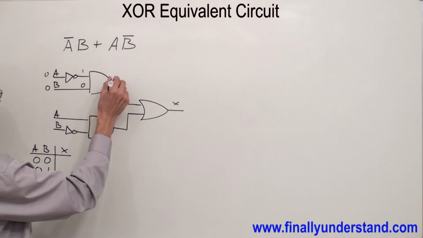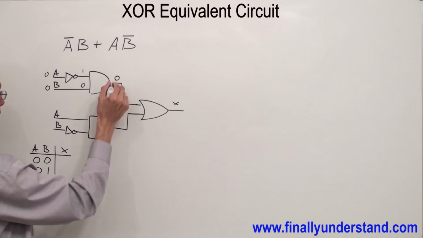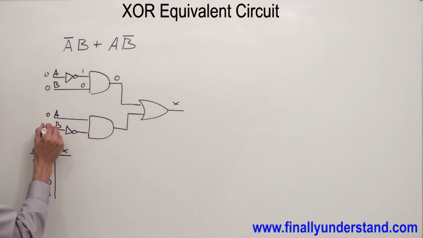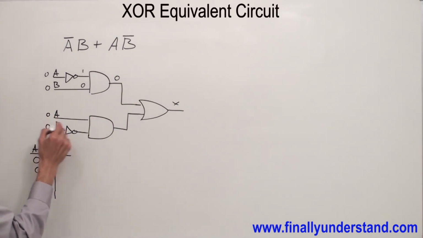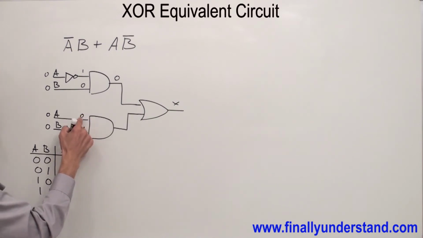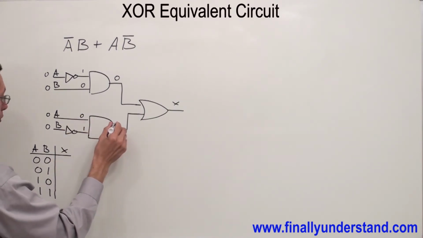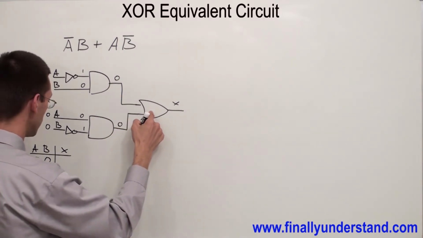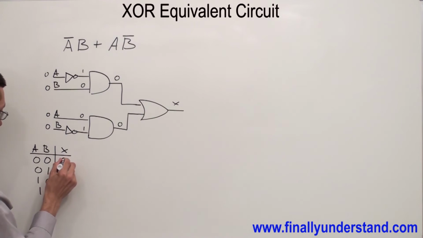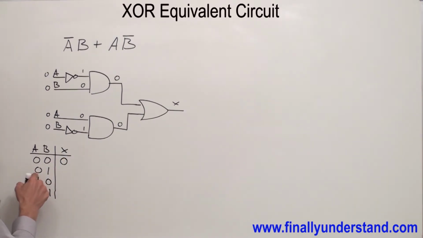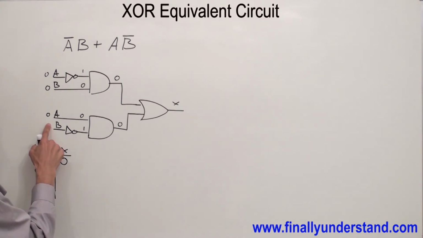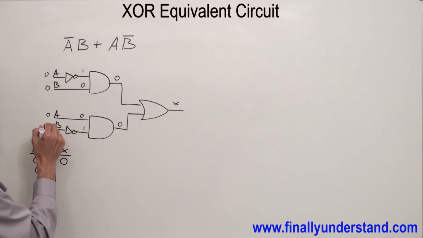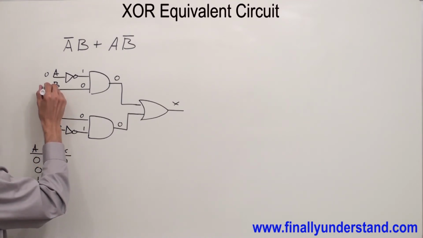0, 1 will give me 0. 0, 0 over here is going to give me 0 and 1 over here. 0 and 1 for the AND gate will give me 0. 0 and 0 to the OR gate will give me 0. Let's apply 0 to A and 1 to B. So I'm going to apply 1 over here and 1 over here.